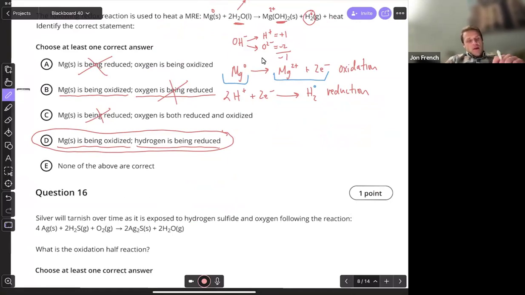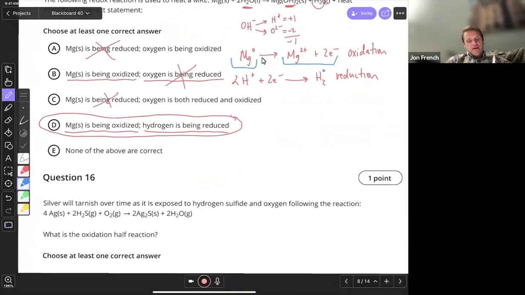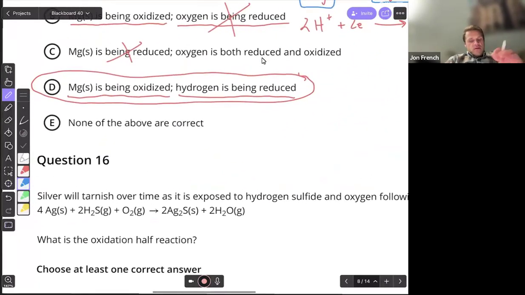So again, we can go through the same process of assigning. I gave you plenty of opportunities to practice redox reactions in this. Any pure elemental solid is zero. Any diatomic is also zero.